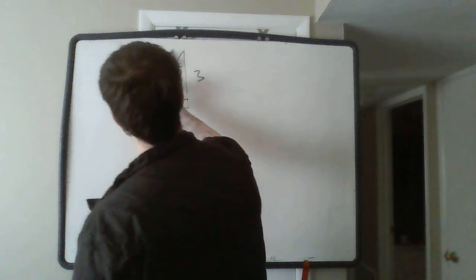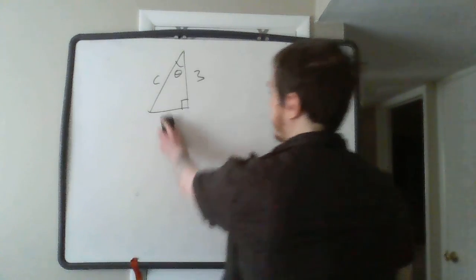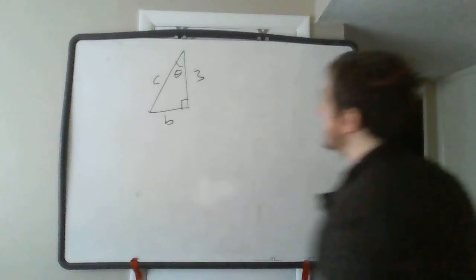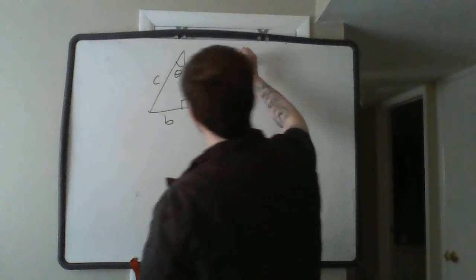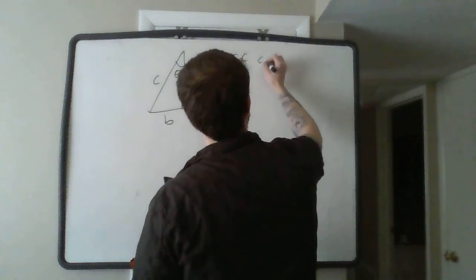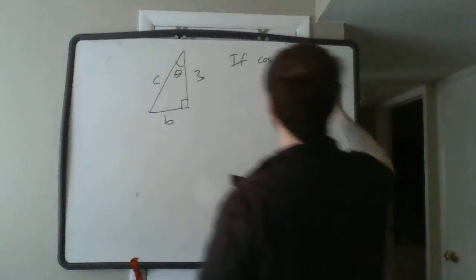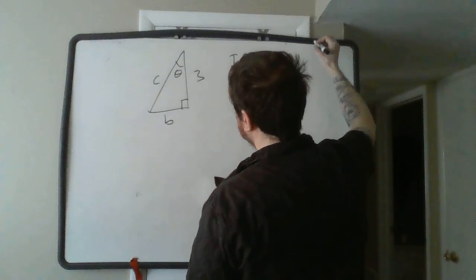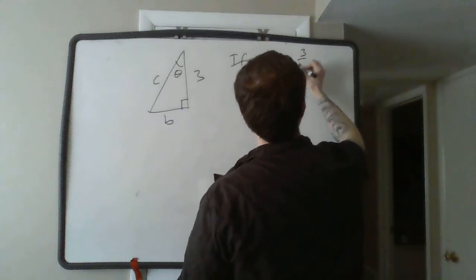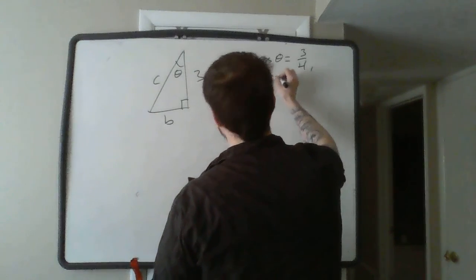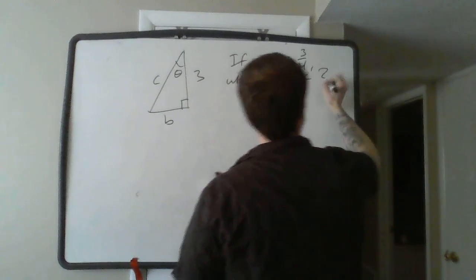I'm going to call this B instead of A, so we're going to label these sides as B and C. If the cosine of theta is equal to, let's say, 3/4, what are B and C?